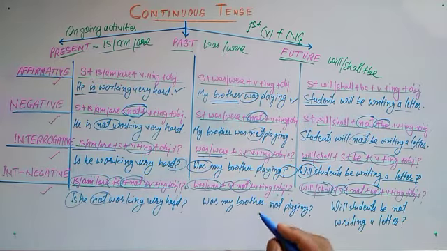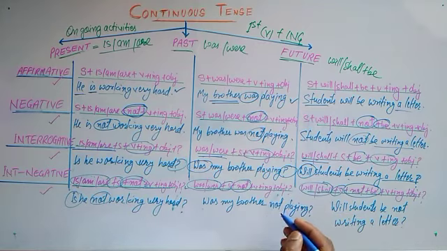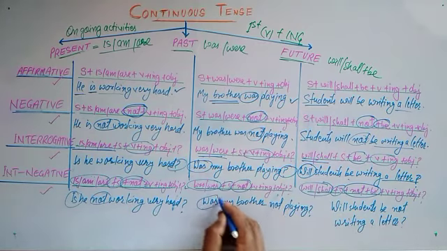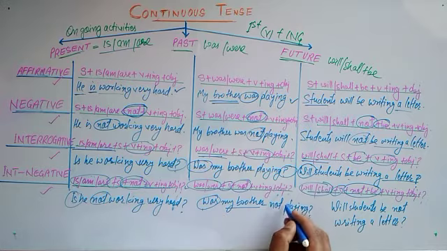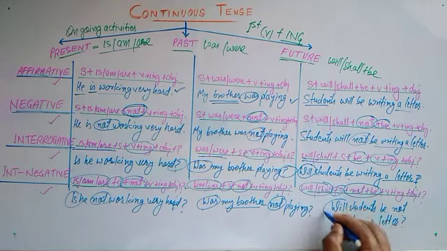In past tense, "was my brother not playing?" So "my brother" is a singular subject, so we used "was my brother not playing." Then in future, "will students be not writing a letter?"